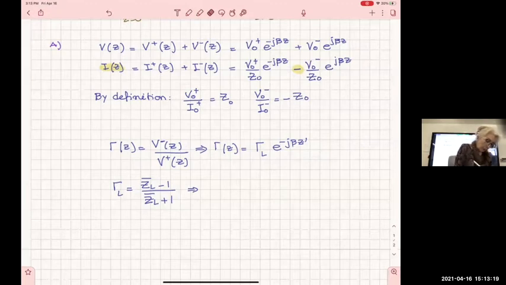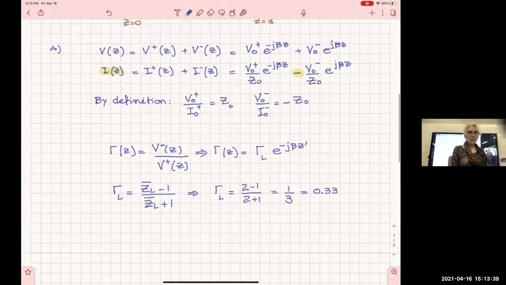Okay, so what do we have? That gamma L is gonna be 2 minus 1 over 2 plus 1, so it's gonna be 1/3. So practically it's gonna be 0.33.